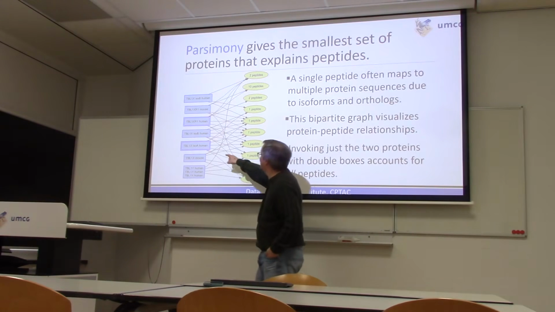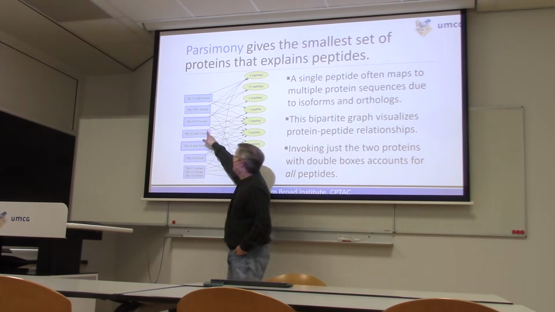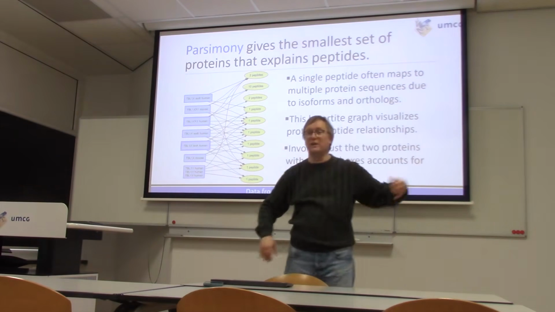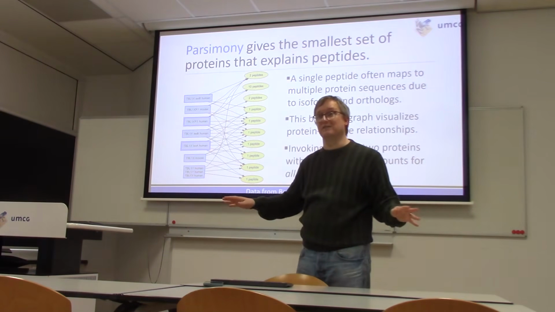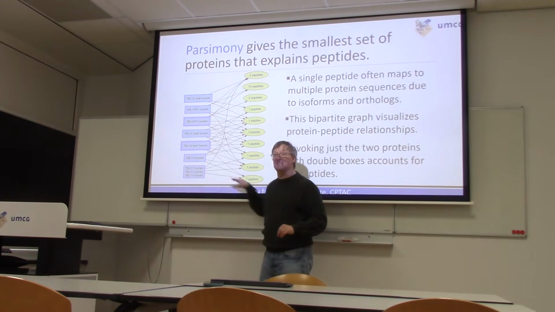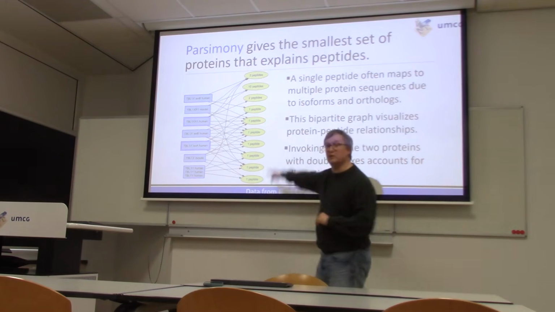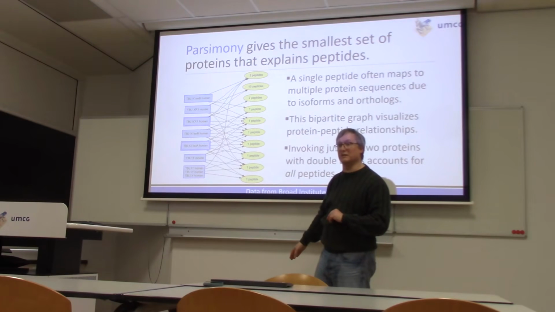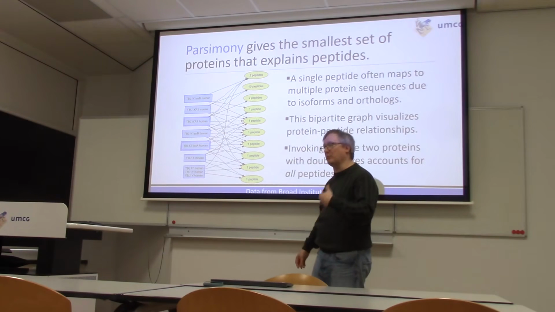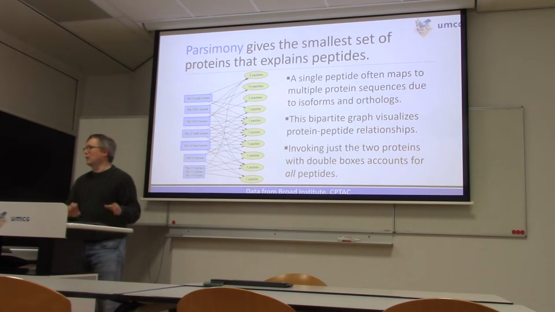In this case, if you simply invoke these two proteins, the arrows coming out of them account for all of the peptides. So this database has a lot of possible relationships between protein sequences and peptide sequences, but just two of those proteins are enough to explain all of the peptides at the right. That's a parsimony approach for naming proteins.